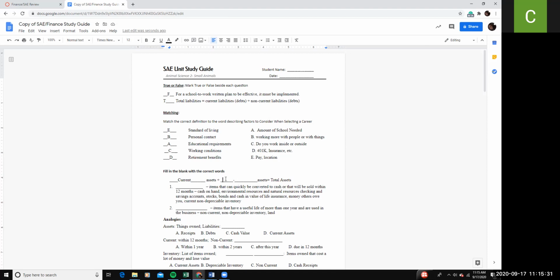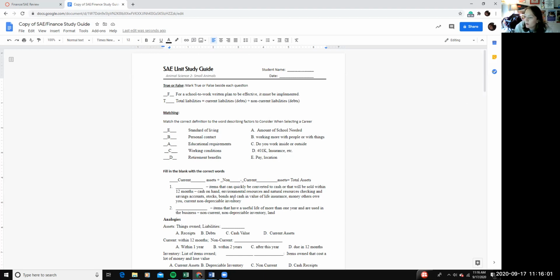I'm sorry. So if it's not current, it is what? I kind of just told you, but non-current. Yeah, there you go. Non-current. So current assets plus non-current assets would give you your total assets.